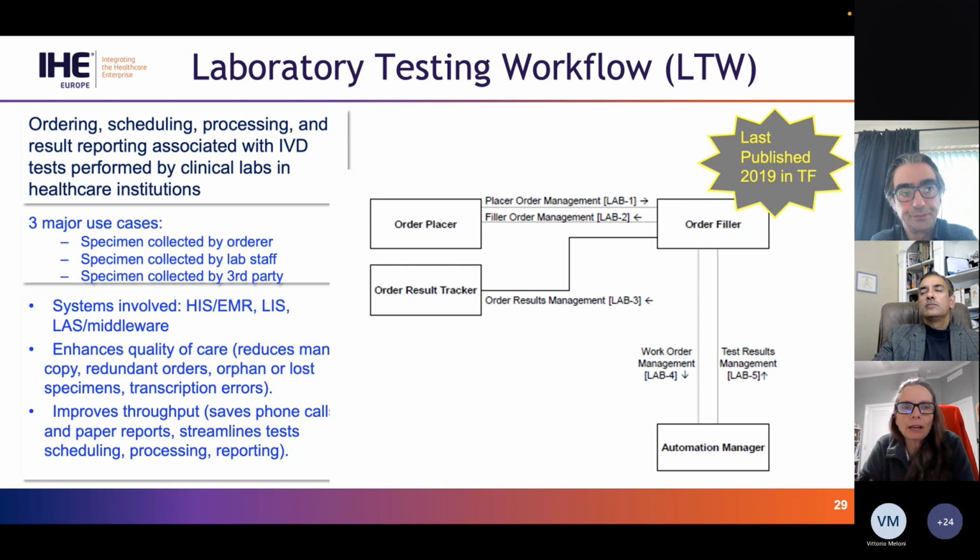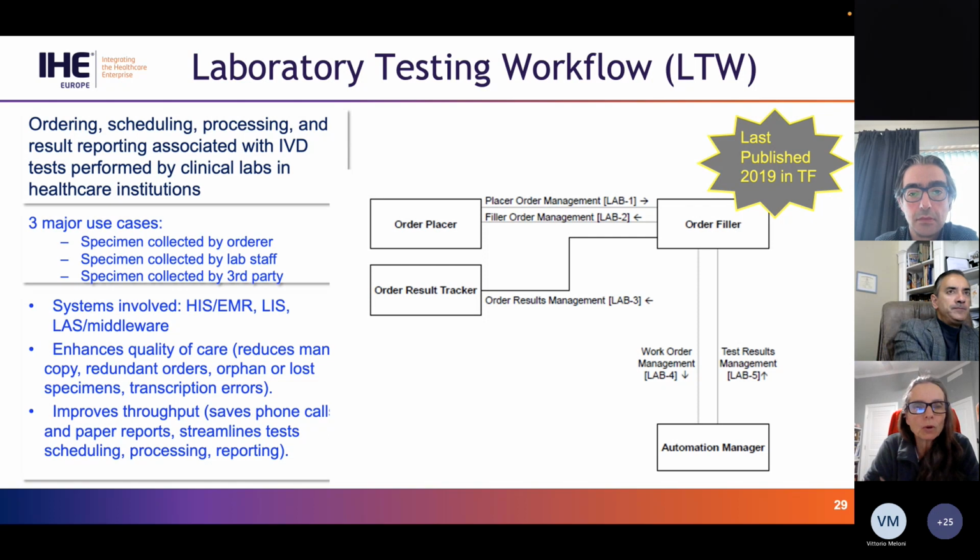It deals with ordering and scheduling the testing from the order placer to the order filler, and then within the order filler, processing and organizing the actual testing between the order filler and the automation manager, and then the automation manager forwarding the results back to the order filler that can then send it back to the order results tracker, which can be on either the placer or the filler side, usually on the placer side.